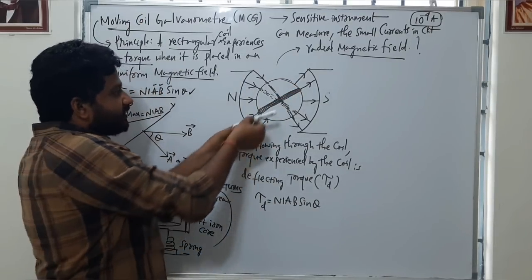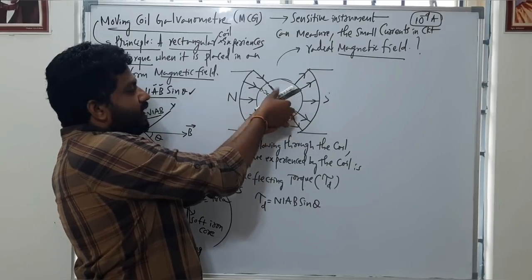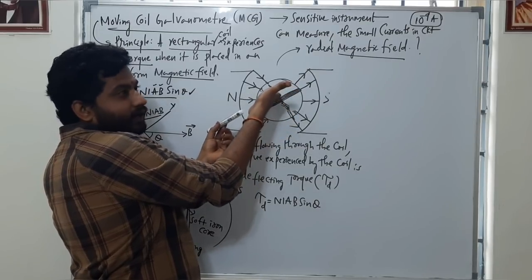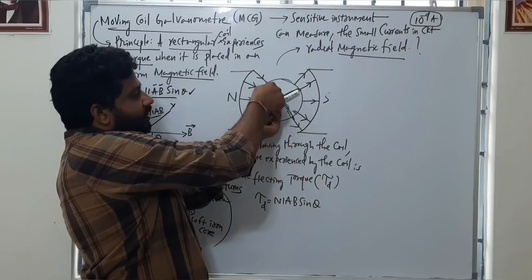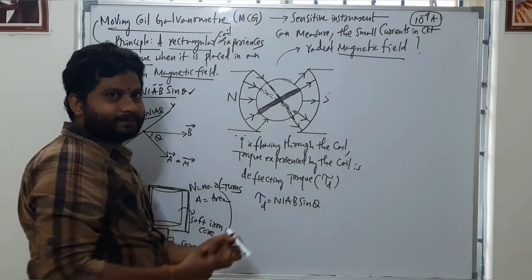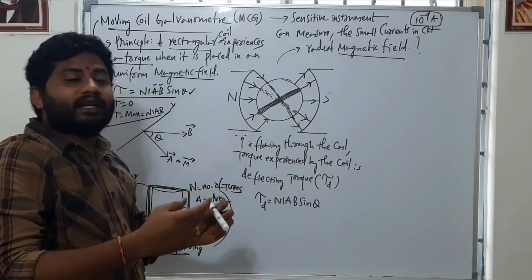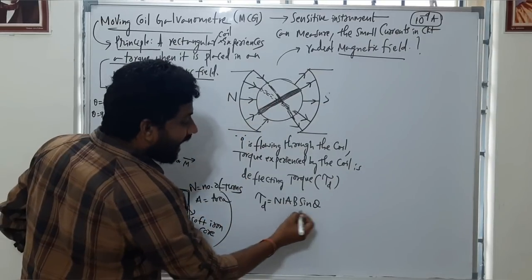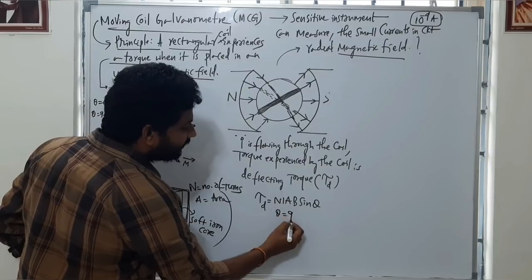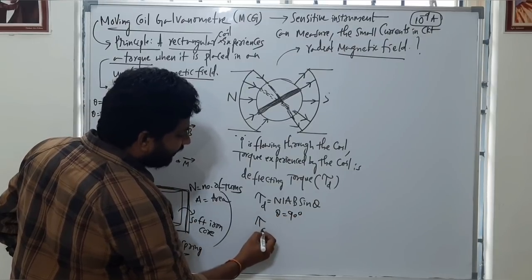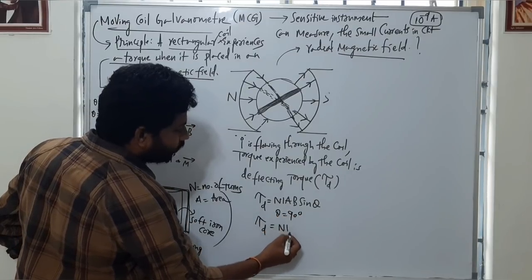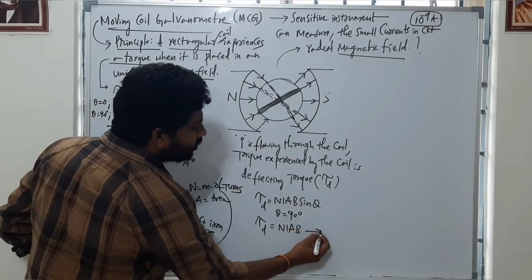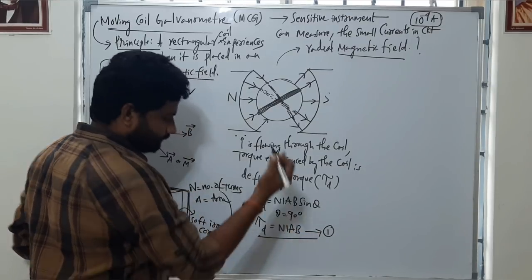So the area vector and the magnetic field are perpendicular to each other. Then in this case, as theta is 90 degrees, the deflecting torque tau d is equal to NIAB. So this is equation 1.